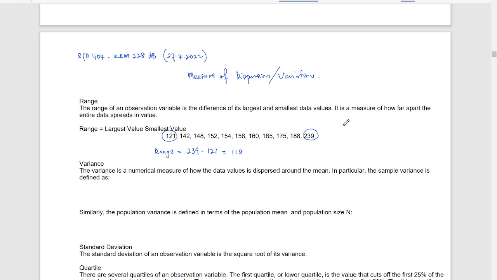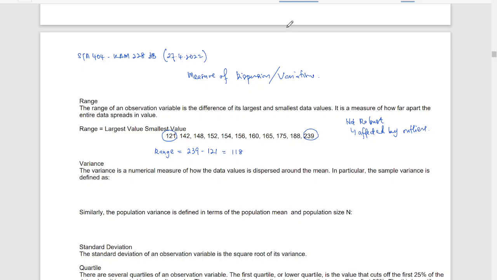Okay, so in this case, range is not robust, and it means that it is affected by outliers. Okay, so these outliers can be any value that is too large or any value that is too small.